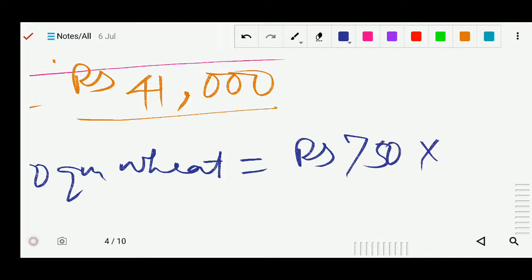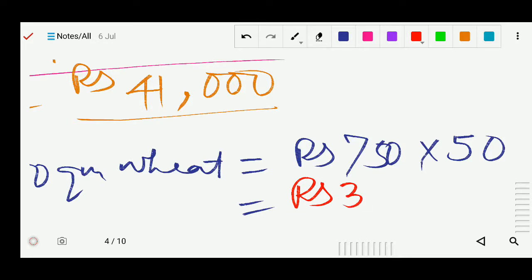So 750 multiplied by 50, because he sold 50 quintals of wheat. Earlier he bought at rupees 800 per quintal, but now he is selling at 750 per quintal. After multiplying you will get rupees 37,500. So this is the selling price.